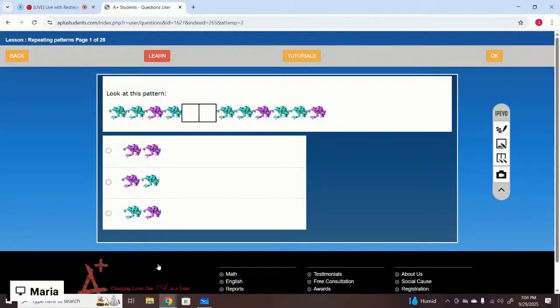So we have one blue, and then the other blue and the purple. So option number 4 is the correct option.